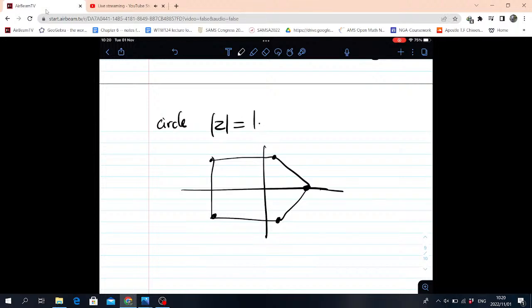So if you've got cube roots of unity, if you join the complex numbers, they will give you an equilateral triangle, and for any other n, it will give you a regular n-gon, or a regular polygon with n vertices.